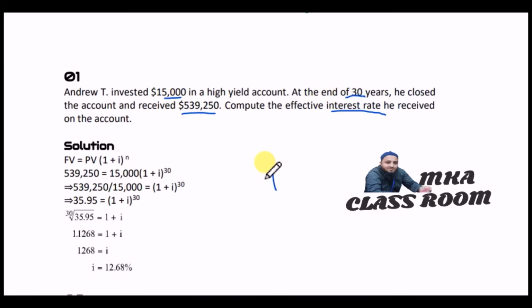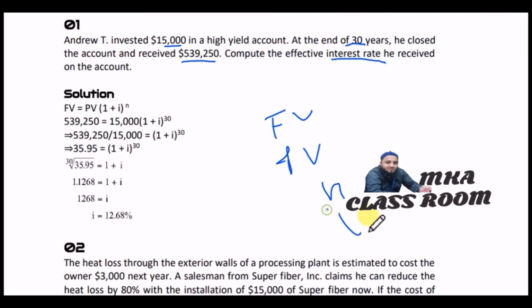While we have the future value, present value and n, we have to find out i. If we put down the problem in this way, then with either the present value or future value formula, you will get the value of i.